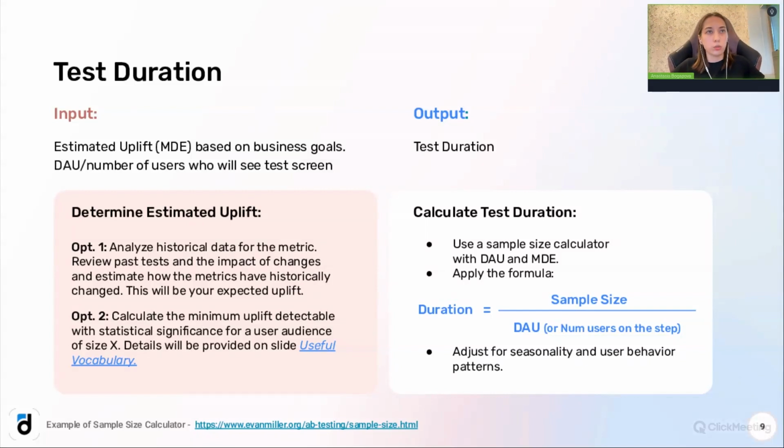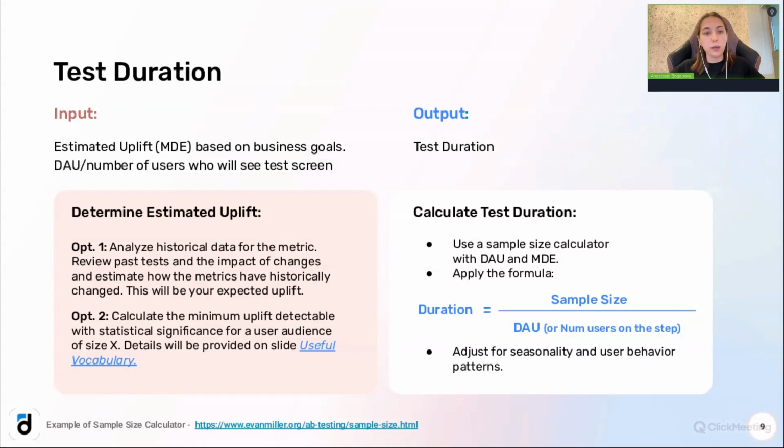It's important to calculate this number before you launch the test. We have some methodologies that let us calculate it after, but if you talk about basic A/B testing, it's important to do it before starting.